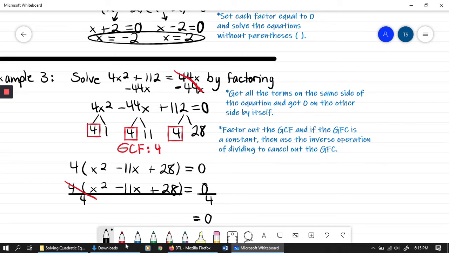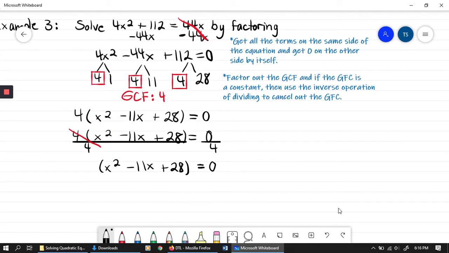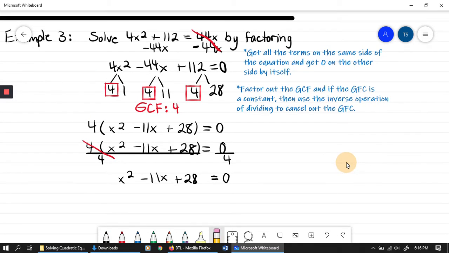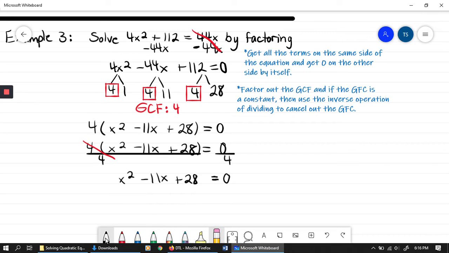And what's left over is the expression that was already there, x squared minus 11x plus 28. Now we really don't even need the parentheses. So if we factor that expression, remember again, we're looking for two factors of 28, the factors of c, that will add to b. So two factors of 28 that will add to negative 11.